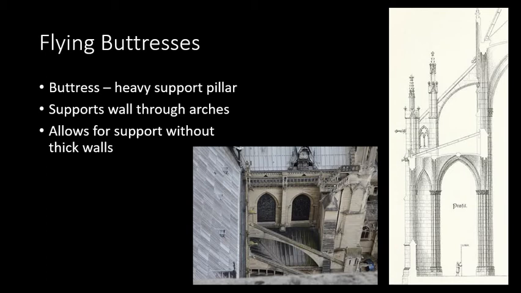The next element that helps changes cathedral building is what is called a flying buttress. They are heavy support pillars, but unlike normal buttresses, which are just extrusions to the wall, the flying buttresses are pulled away, supporting the upper stories with arches instead of large walls. By pulling the buttress away, the walls themselves can be thinner, while still supporting even greater weights, and once again, providing more light.